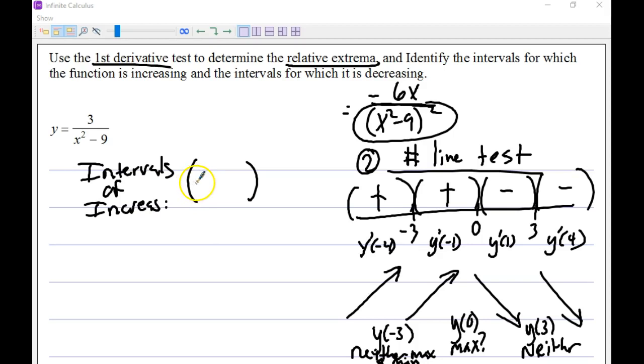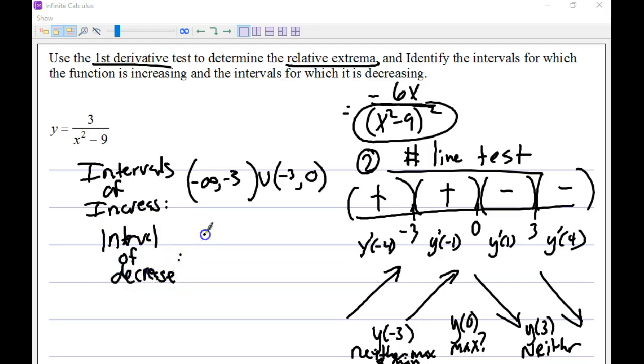Negative infinity to -3, good, unified with -3 to 0. That is all increasing, and the intervals of decrease would be the other two. So that would be from 0 to 3 unified with 3 to infinity.